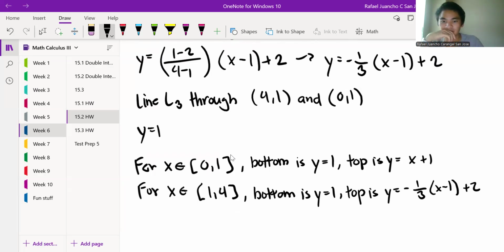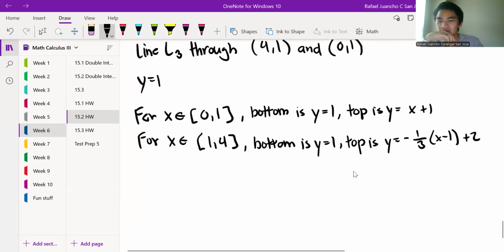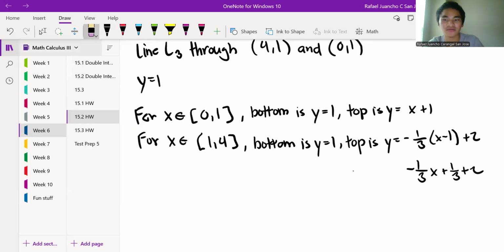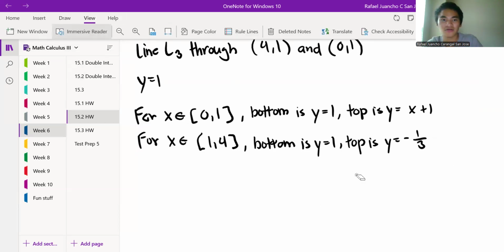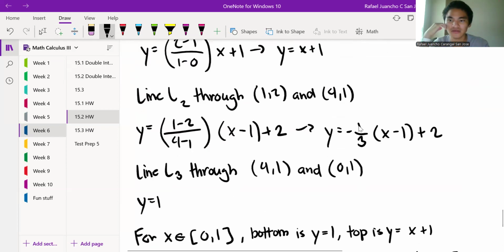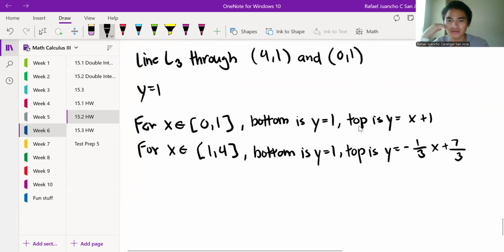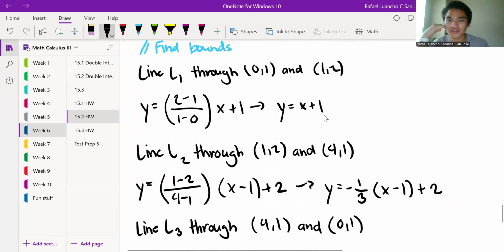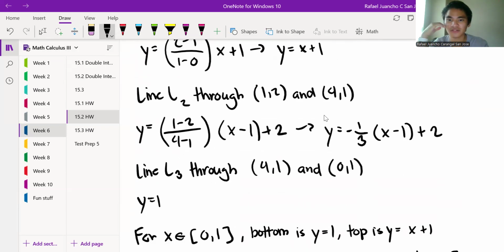Would there be a nicer way to simplify this? Do I do it though? Let's just do it. I don't know, I feel like this might be better off. Oh, that's tricky. See, just the fact that this thing looks more complicated than it already is.